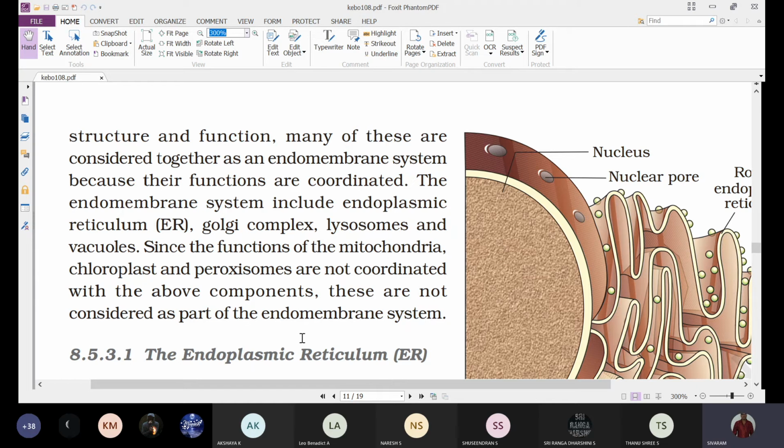So what are the cell organelles included under the endomembrane system? The endomembrane system includes endoplasmic reticulum, Golgi complex, lysosomes, and vacuoles.